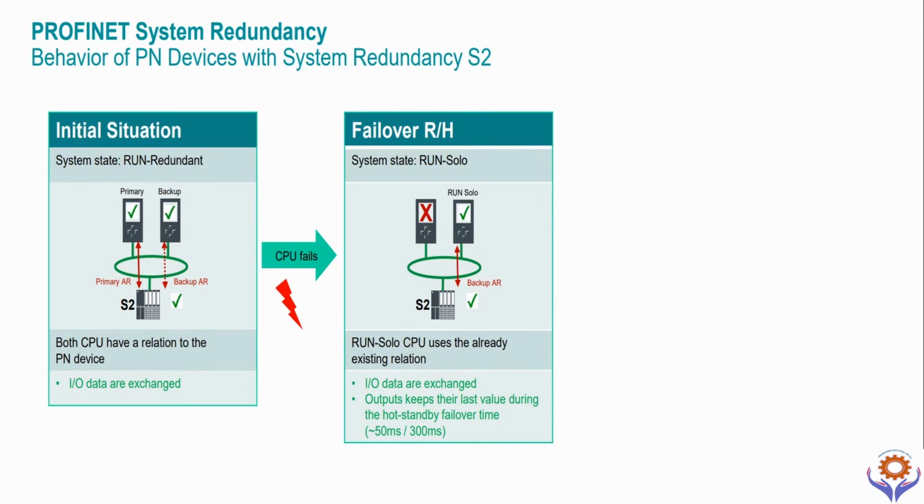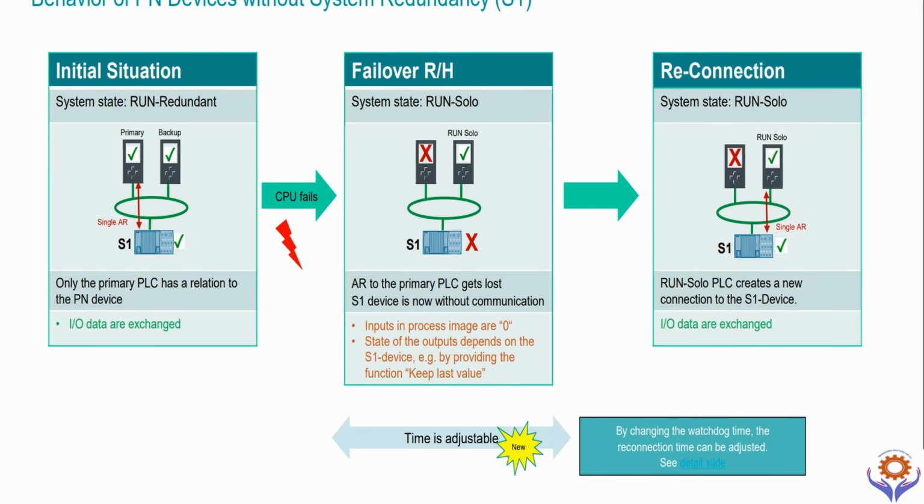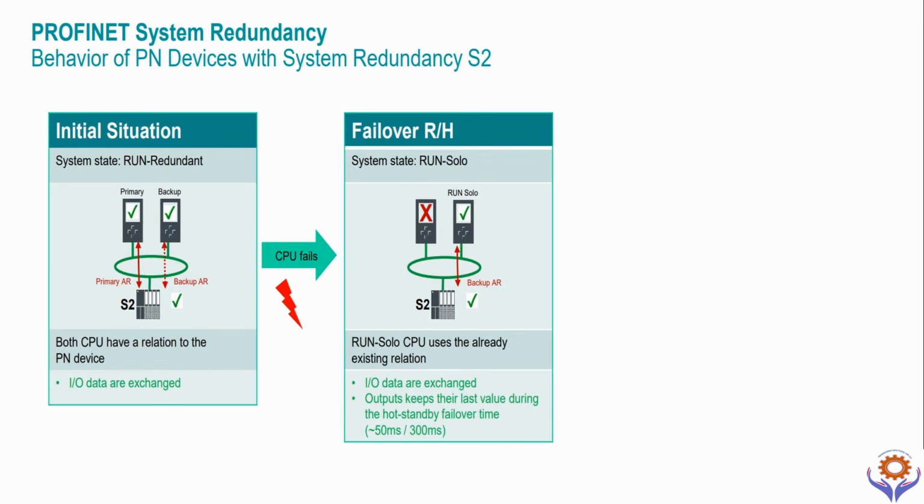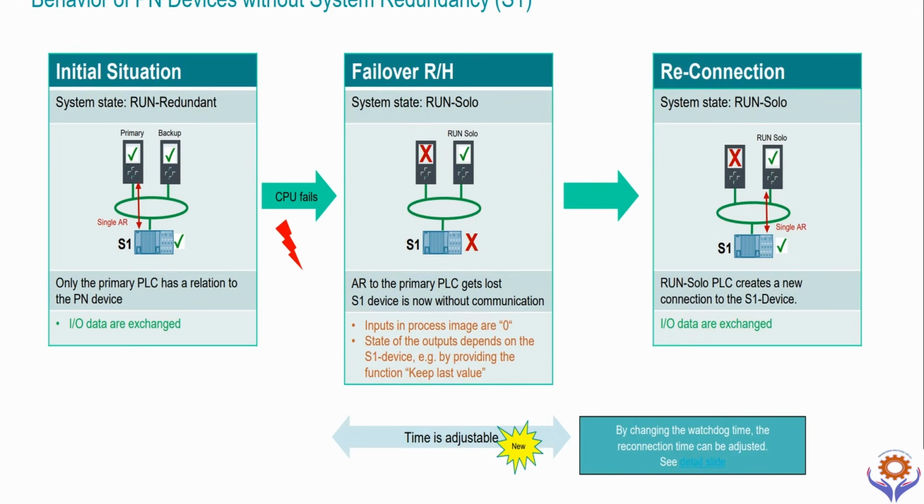If you go for S2 mode, the primary PLC and backup PLC are both connected with the IM module, so it can be switched between the two connections. If you go for R1 mode, the primary PLC is connected with one IM module and the backup PLC is connected with another IM module. Each interface has a different connection with a different PLC.